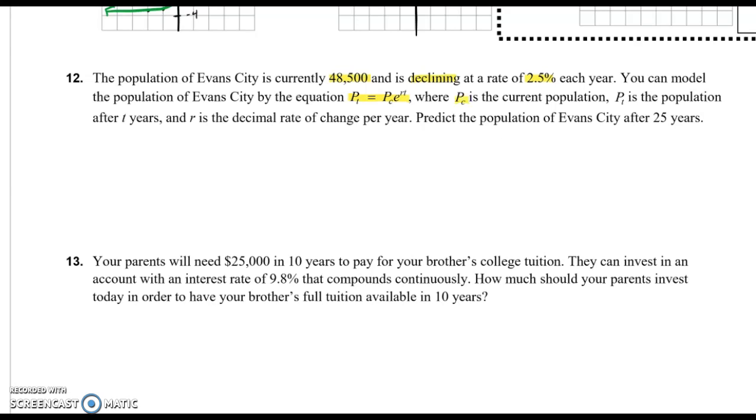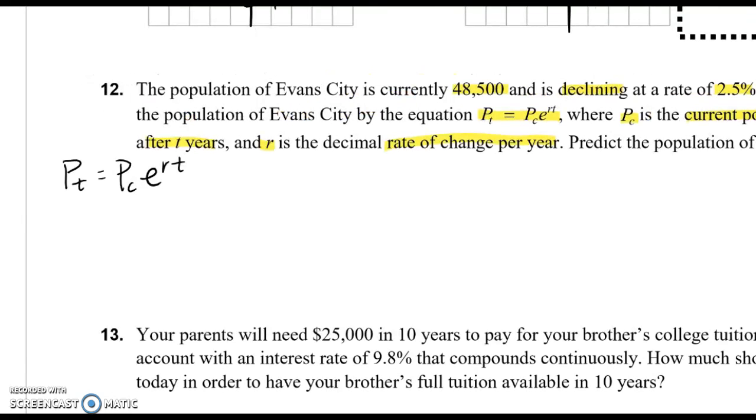P_C is the current population. P_T is the population after T years. And R is the rate of change per year. It says predict the population of Evans City after 25 years. Go ahead and write your equation and write down what each one of the variables represents.